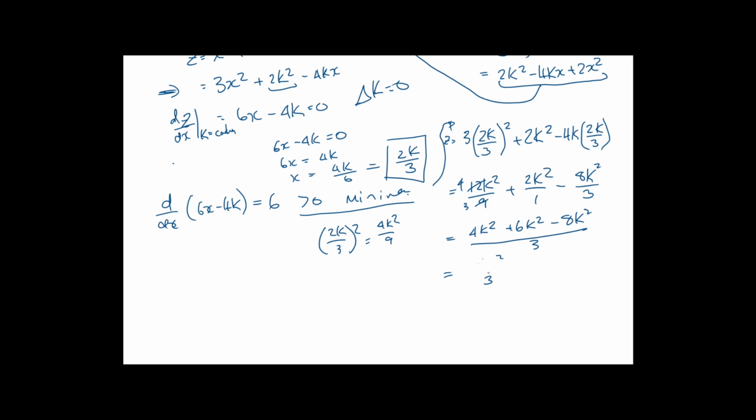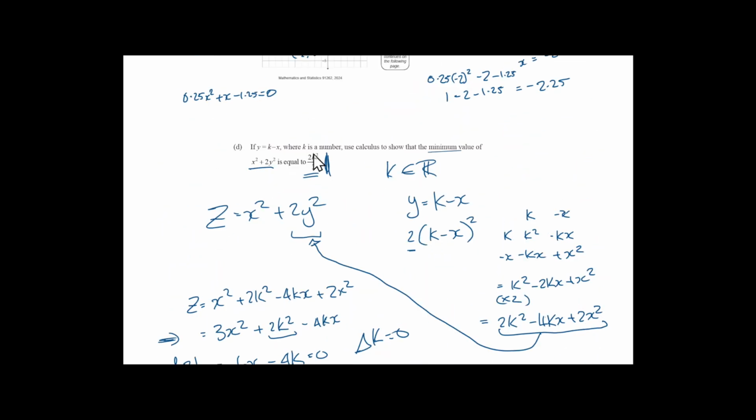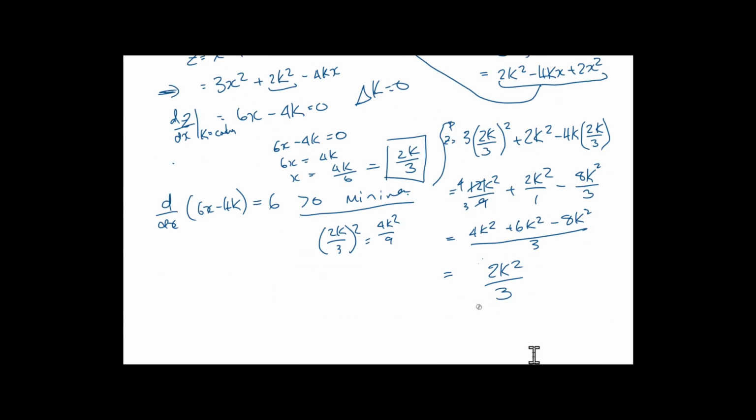So this is going to be 4 plus 6 minus 8 is 2k squared over 3. And that is, yes, that's what we started with. That's what we get when we put this into this equation. We know that that's a minima. So there's our quote unquote proof. Not really a formal proof, but it's kind of an informal proof.